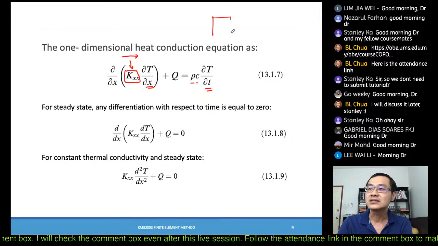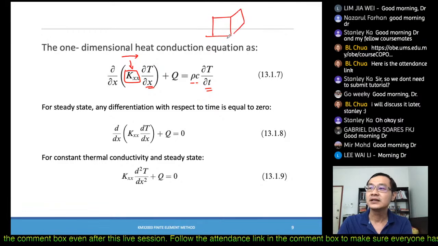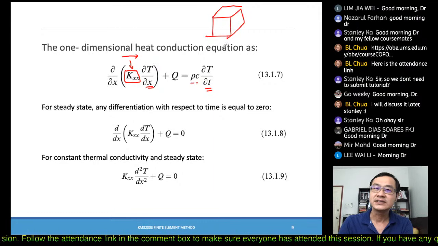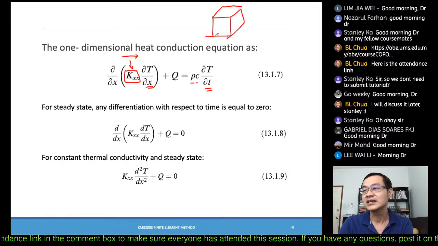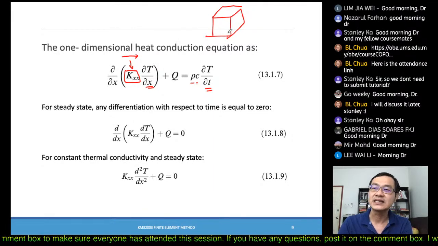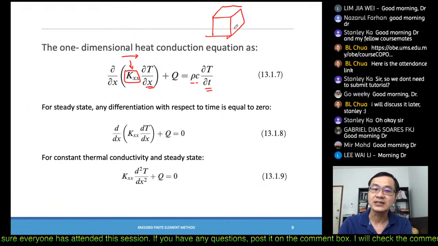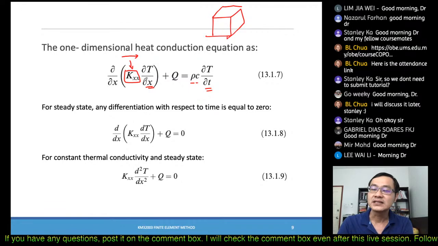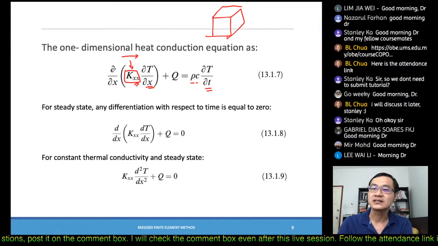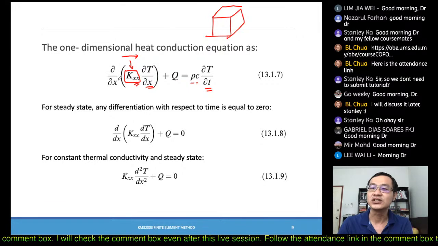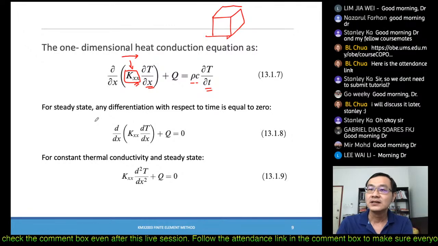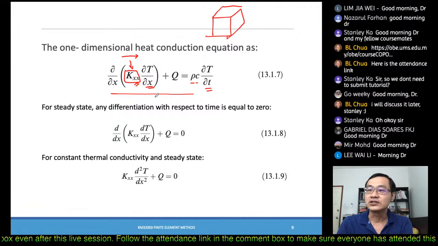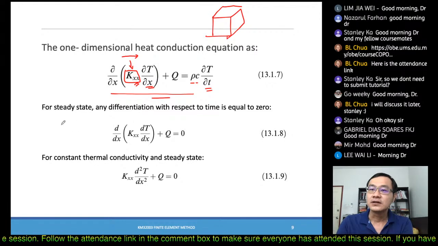In some cases, in three-dimensional cases, the thermal conductivity in the x, y and z directions may differ. So in this case, to be safe, we will keep it in the differentiation itself, in a general form.